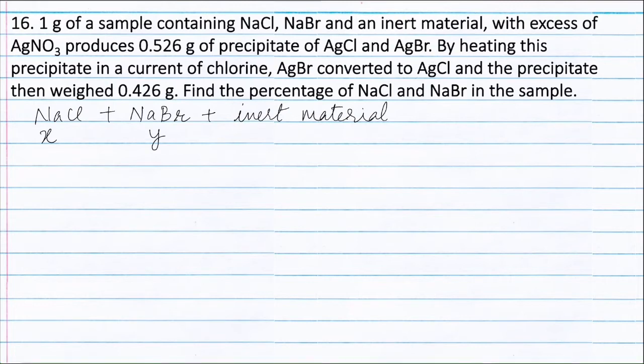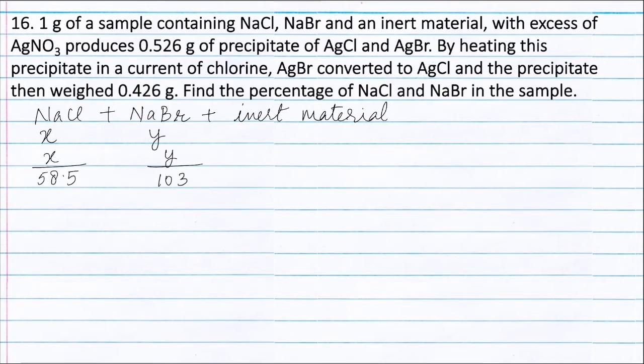Therefore, moles of NaCl will be x divided by molecular weight of NaCl, that is 58.5 gram, and moles of NaBr will be y divided by molecular weight of NaBr, that is 103 grams.